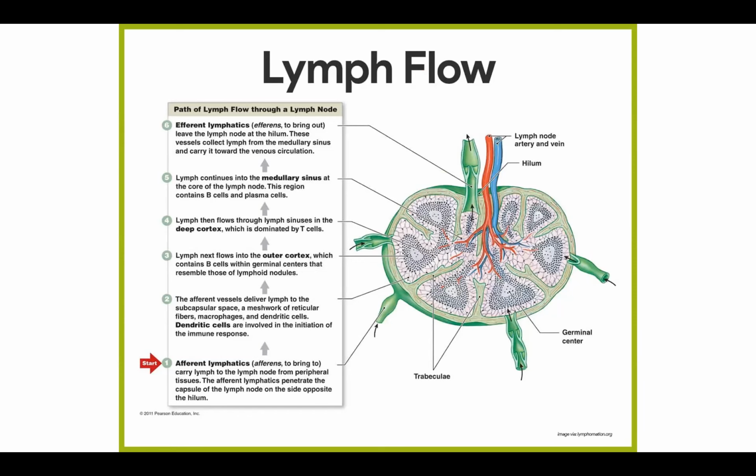Now you have afferent and efferent. Afferent goes into the lymph node, and efferent goes out of the lymph node. So here we have afferent lymphatics going into the lymph node, carrying the lymph, which is the fluid from the peripheral tissue. The afferent lymphatics penetrate the capsule of the lymph node on the side opposite the hilum.